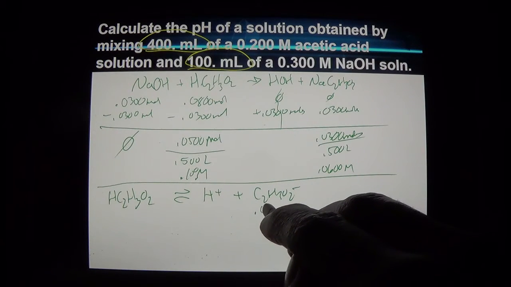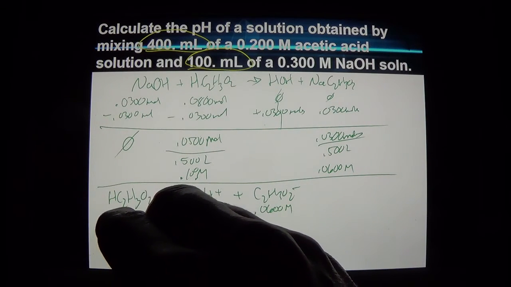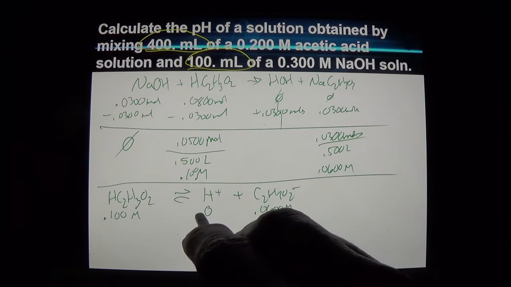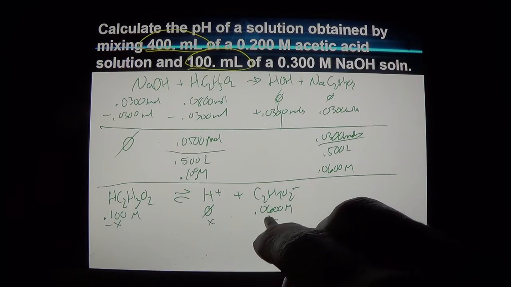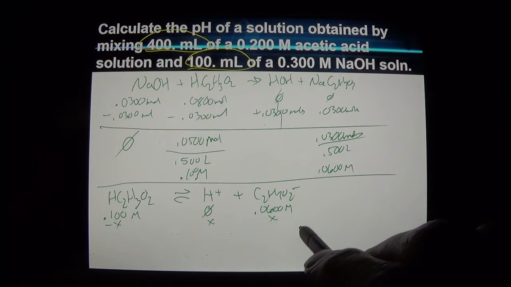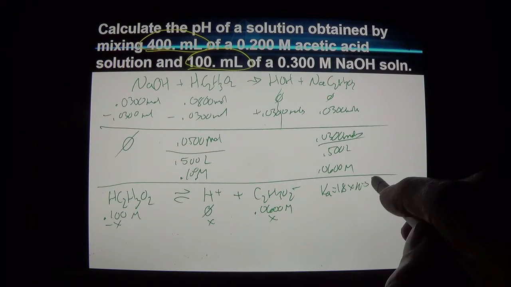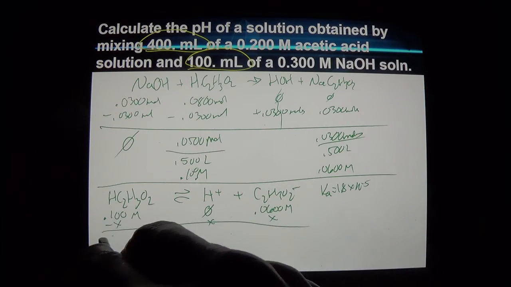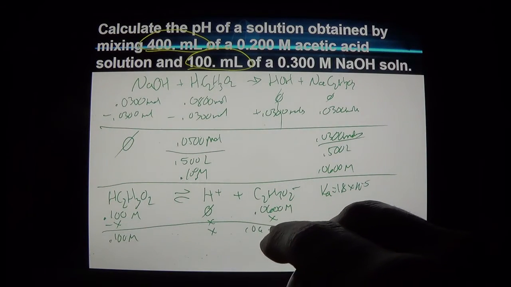So I'm starting with 0.0600 molarity of that, and 0.100 molarity of that, and of course I have none of that. I'm going to lose X, gain X, and gain X. It's a 1:1:1 ratio, and because Ka for acetic acid is 1.8 times 10 to the minus 5, I can assume and avoid the quadratic. So 0.100 molarity, X, and 0.0600 molarity.